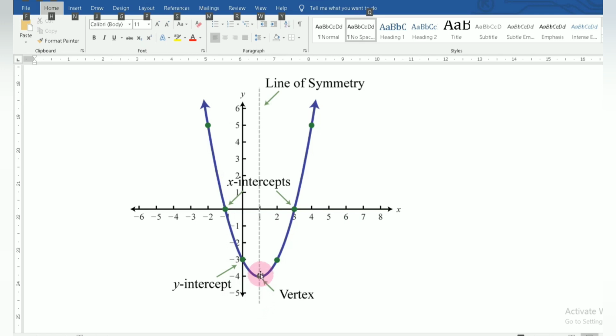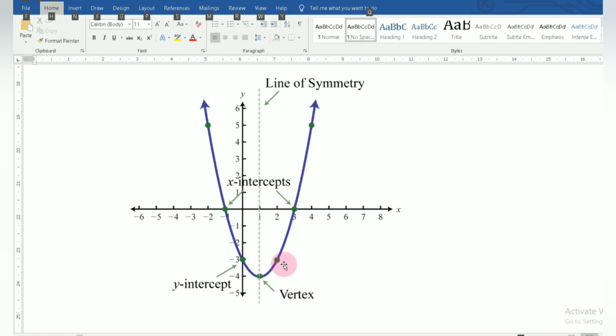It has the vertex at this coordinate. Since it is facing upward, it is the lowest value of y, the pair which has the lowest value of y, and the vertex is the minimum point of the parabola.